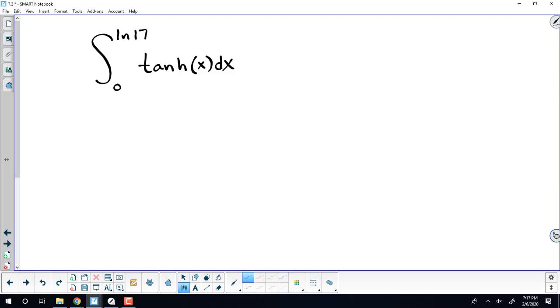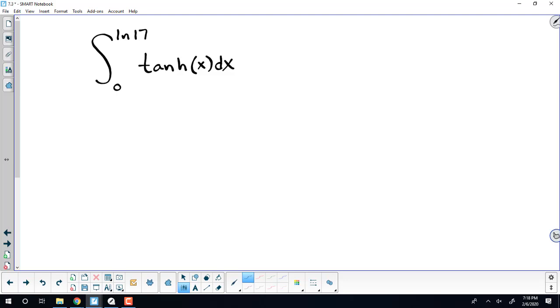We actually do look at the antiderivatives of the other 4 trig functions in the next unit. And it's based on the strategy for how we're going to find the antiderivative of hyperbolic tangent. I'll tell you that it doesn't involve any complicated identities.